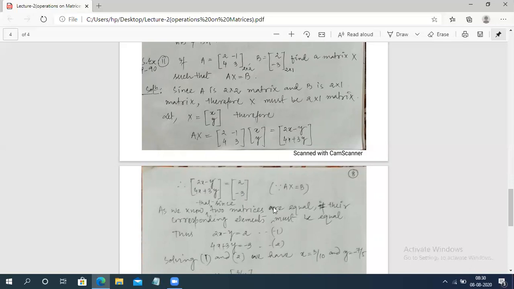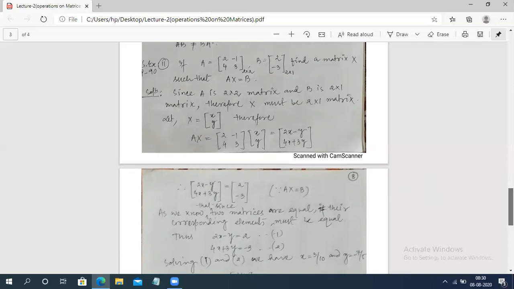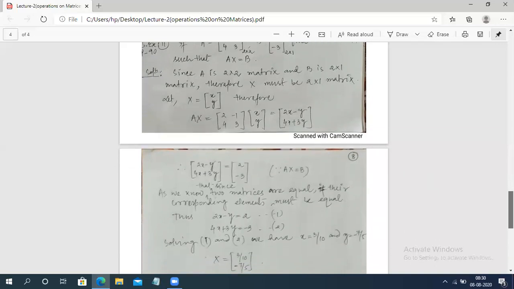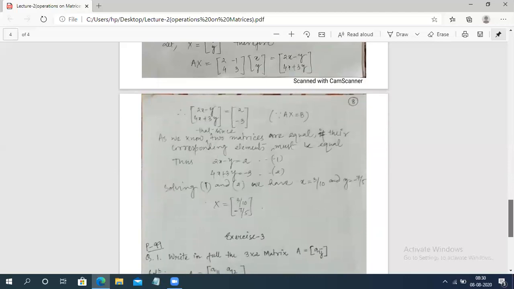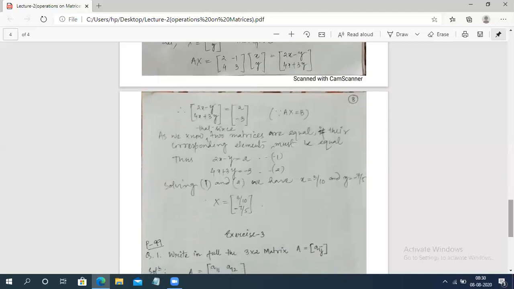Clear? Now as we know, when two matrices are equal, their corresponding elements are equal. In the definition of equality of two matrices, we have already discussed in the first lecture that when we say two matrices are equal, their corresponding elements are equal. That is, the first element of the first matrix will be equal to the first element of the second matrix.